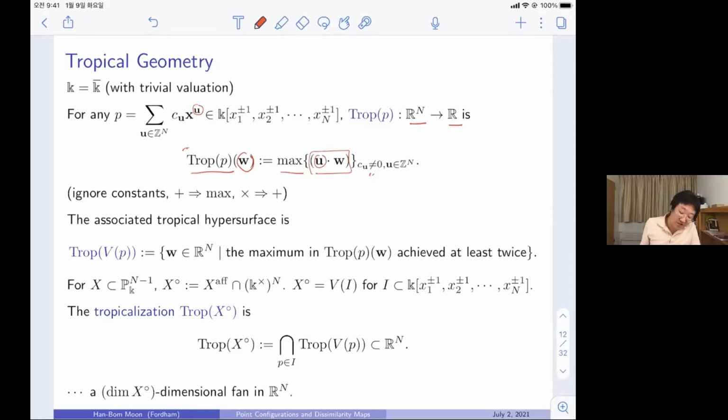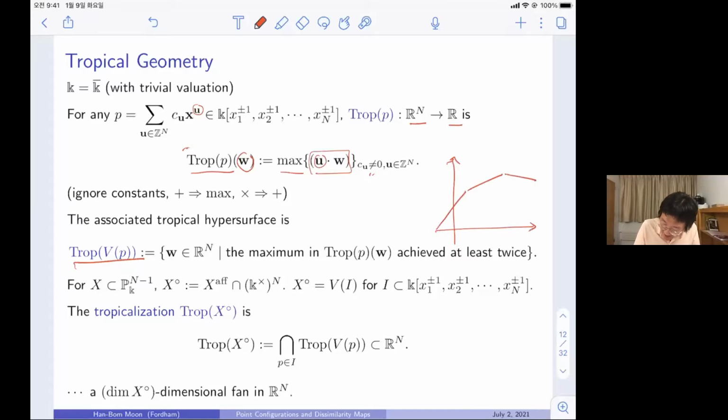The associated tropical hypersurface, we can define it, trop of V of P, as the set of W in R to the n such that the maximum in the tropicalization is achieved at least twice. So let me draw just a one-dimensional picture here. If n is simply 1, then the graph of a tropical polynomial is something like this one.